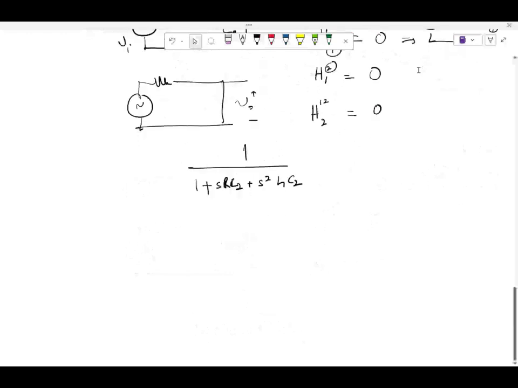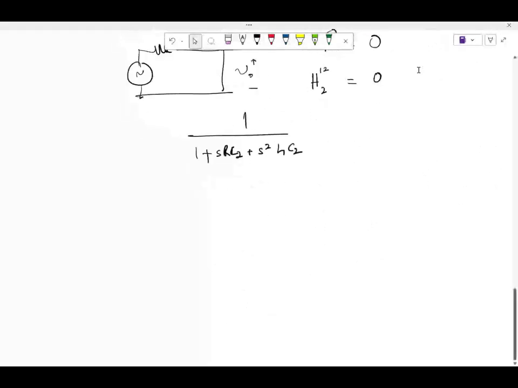Okay. So now let's focus on the second thing, that is, how do I know by inspection of a network how many zeros are there? Okay, so by the way, before going there, how do I know by inspection how many poles are there?